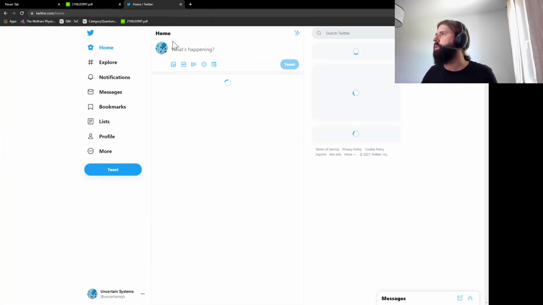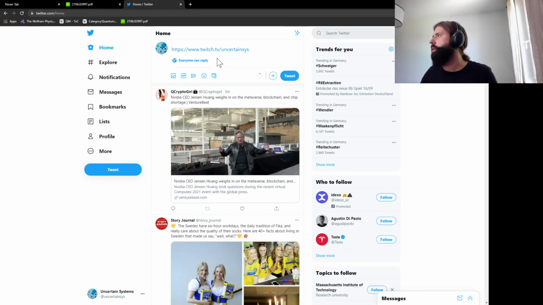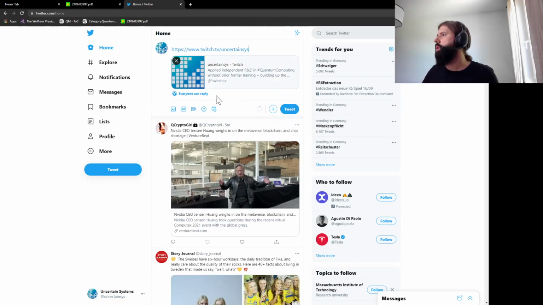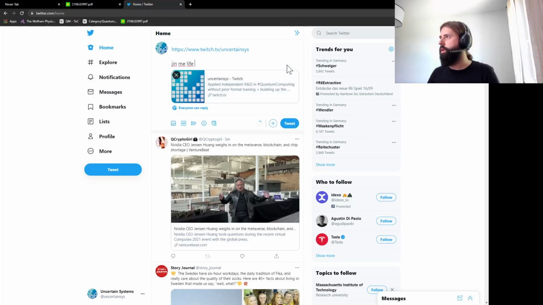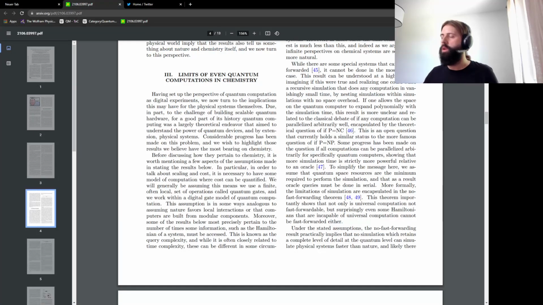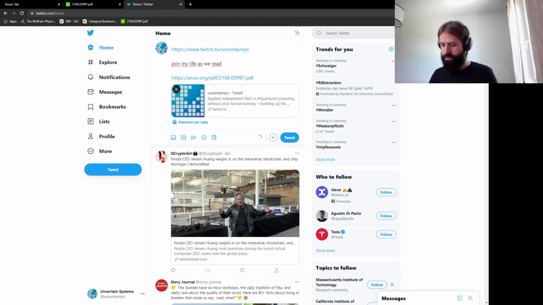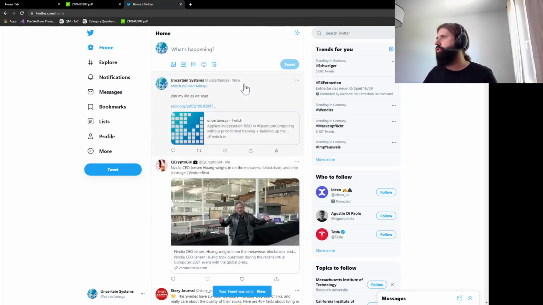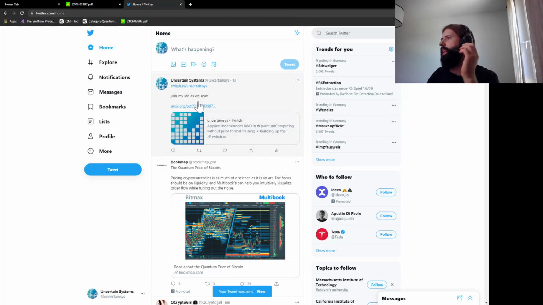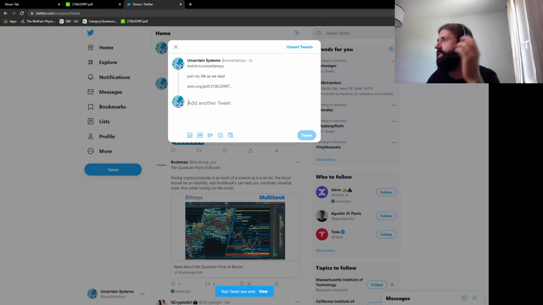So, I wish there'd be a nicer way to embed things in Twitter like these. Live as we read. Oh God, did I write live with an F? Oh Jesus.